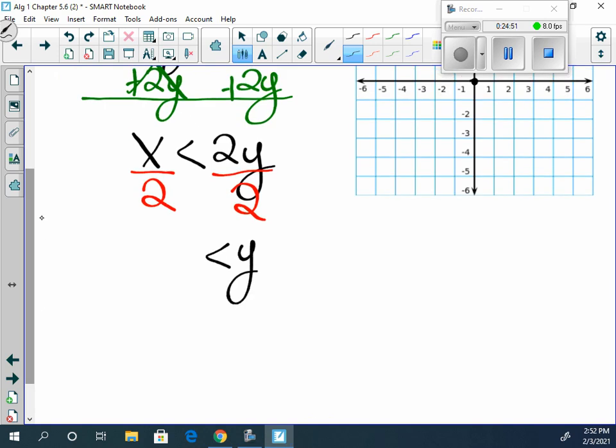So y would be 1, and we would have x over 2, x divided by 2. Now this here isn't in our slope-intercept form, so really it is 1/2 x is less than y.